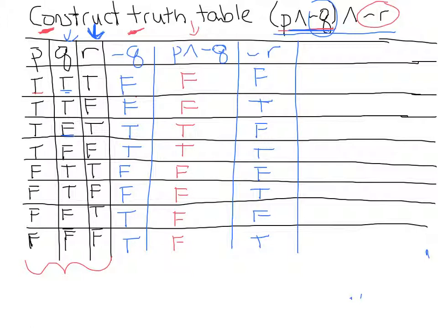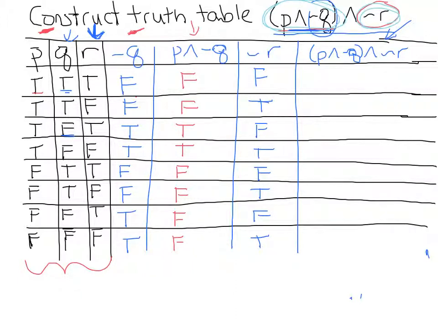The last column is going to be everything put together. So again, since we're dealing with an and statement, it is only going to be true if that entire statement and that are true.